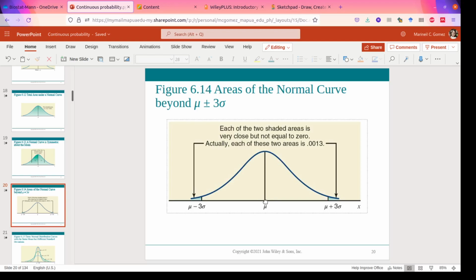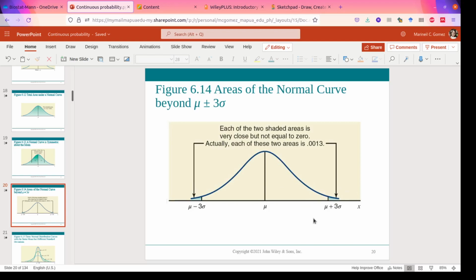The standard deviation tells us how far the next value is from another. For example, 0, 1, 2, and 3. If mu is 0 and the standard deviation is 1, then plus 3 sigma is 1, 2, 3. So 0 plus 3, this is the point 3.